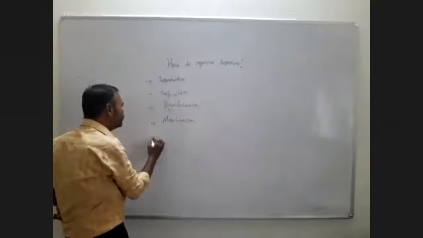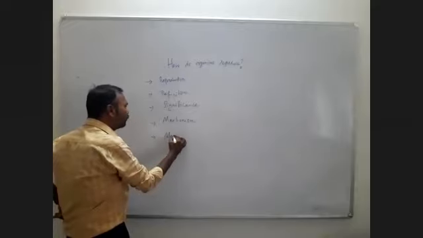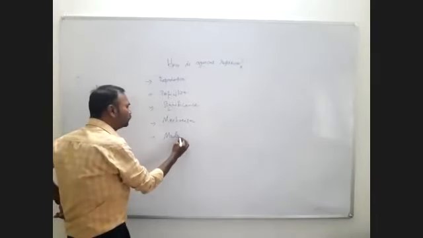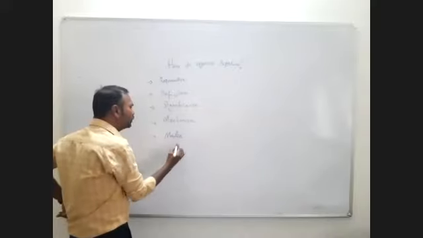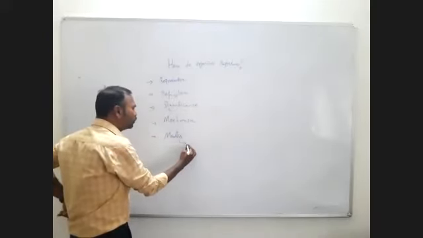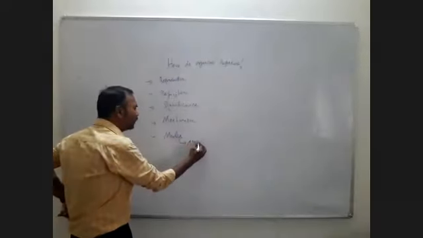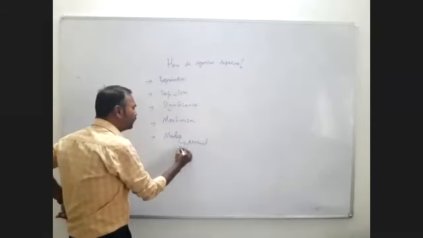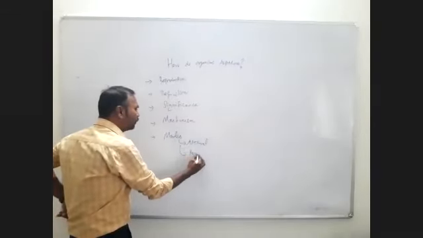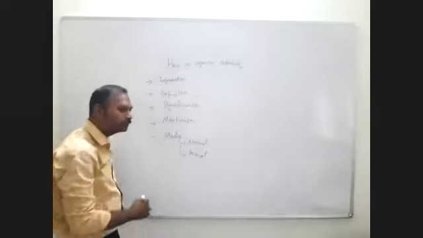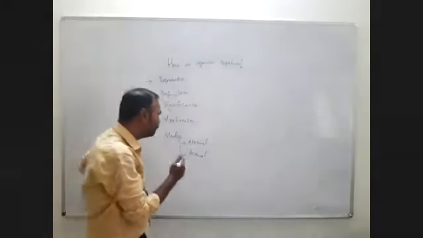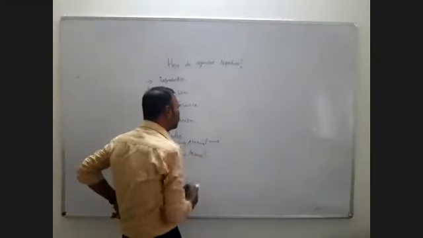Mechanism of reproduction. Modes of reproduction. There are two modes. What are the two modes? Asexual mode and sexual mode.